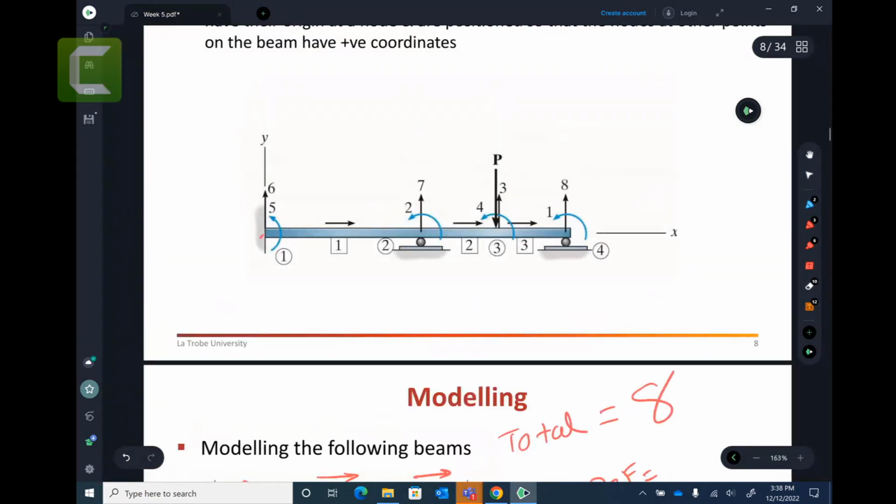This is your fixed degrees of freedom because these points cannot rotate, cannot go. So 5 and 6 are fixed degrees of freedom. This 7 cannot go up and down. So number 2 can rotate. So free degree of freedom is number 2, and 7 is fixed.